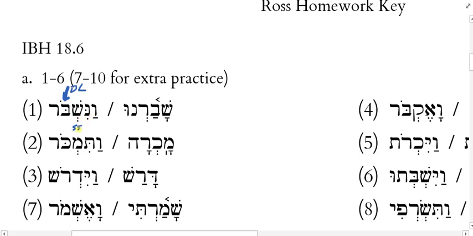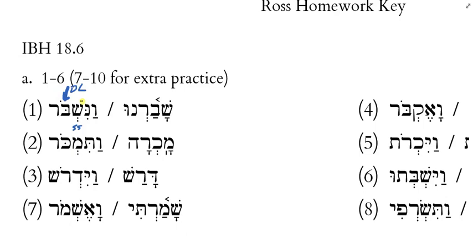My Shava here is a silent Shava, which means there's no vocal sound, no vocal Shava and no vowel right before this Beit. And the Beit being a Begad Kafat letter needs a Dagesh Lene. So if you were puzzled as to why there's a Dagesh Forte there, the puzzle should be solved. There's not a Dagesh Forte there. Isn't that great? All right, good deal.